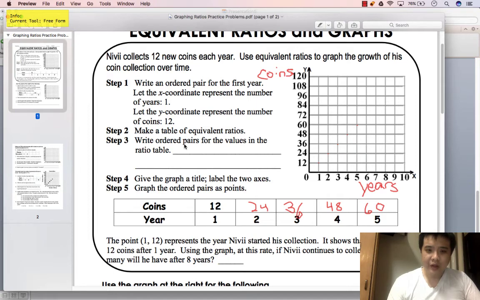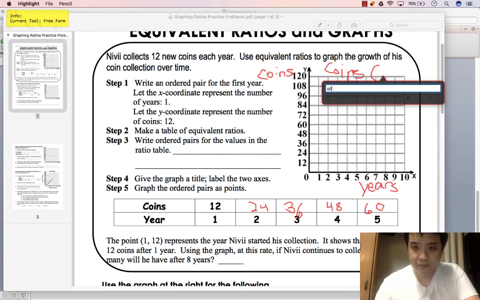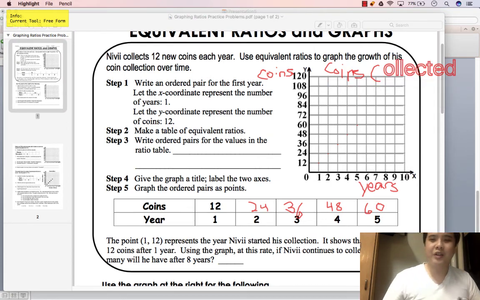Okay. So we have the ordered pairs right here. I'm not going to copy them down here, but you should because my pen is not cooperating today. Give the graph a title and label 2 axes. We can call this coins collected.